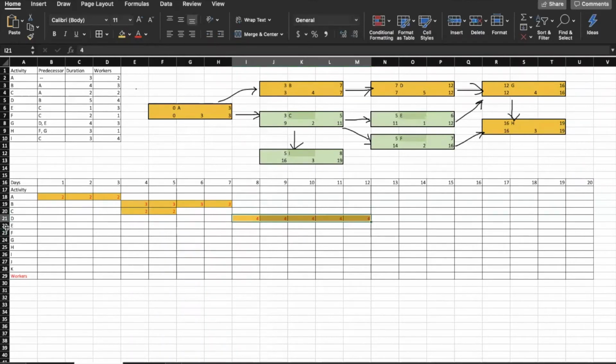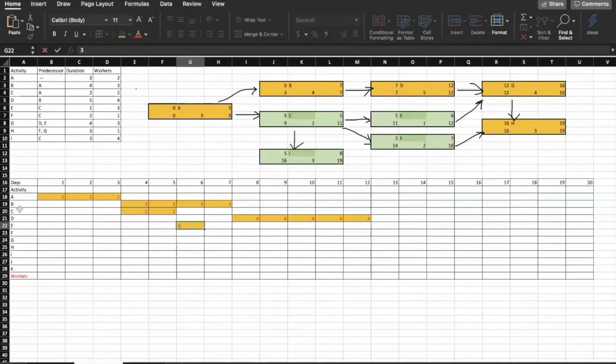Next activity is E, and it starts right after C, which means day 6. It lasts 1 day and it requires 4 workers.